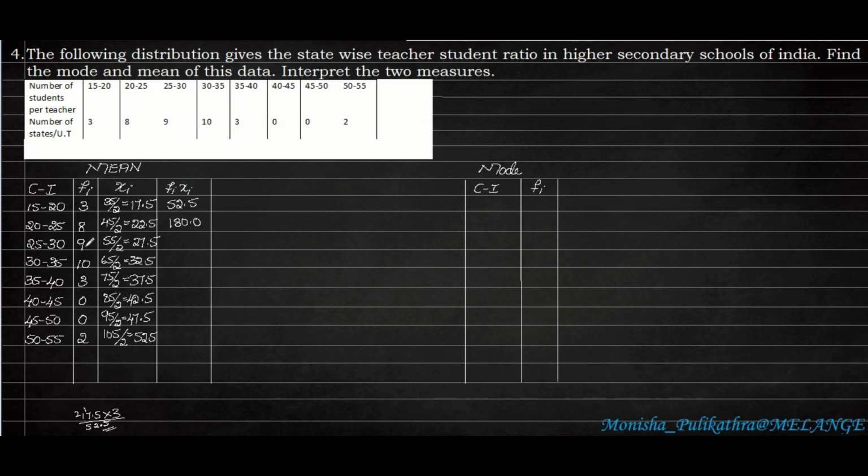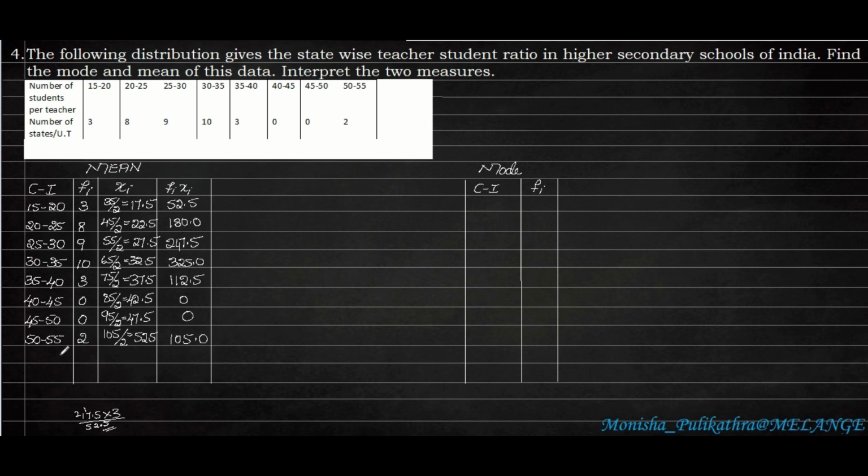Next one, 9 into 27.5 is 247.5. Next, 10 into 32.5 is 325, so we can write 325.0. Next, 3 into 37.5 will be 112.5. Next, since we have to multiply with 0, both the numbers will become 0 here. Last one is 2 into 52.5, we will get 105.0.